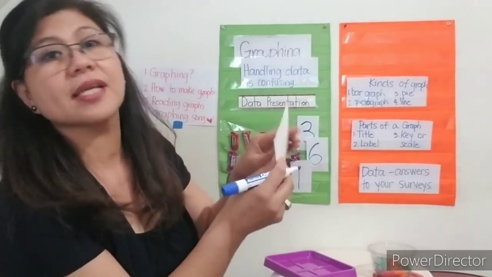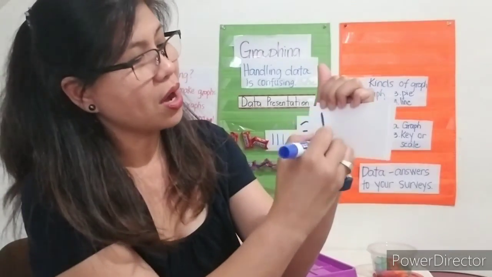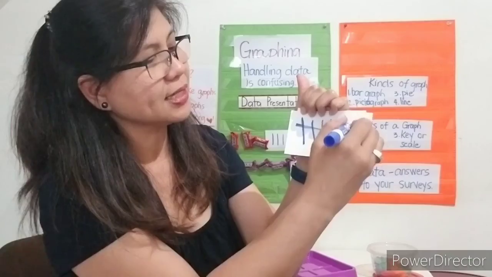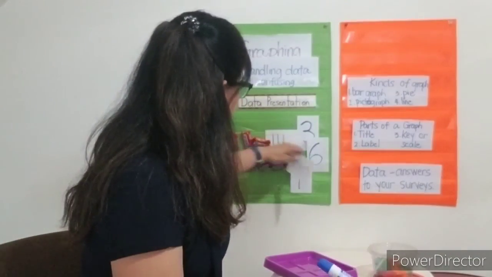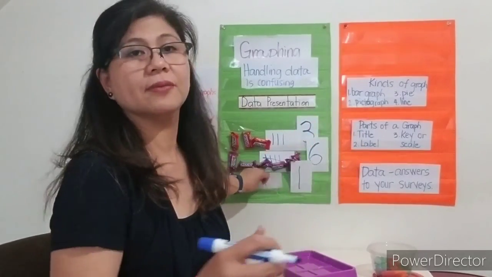Do they match? Yes, they do. Okay. All right. And how about this one? 6. Count with me. 1, 2, 3, 4, 5, and then a sleeping line and now 1 extra. Okay. That's number 6, and then only 1 here. 1 tally mark. There we go.